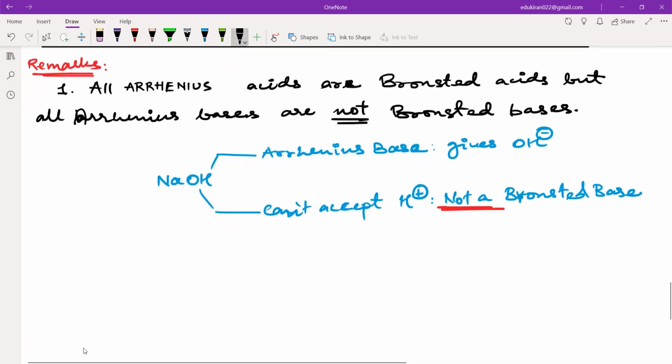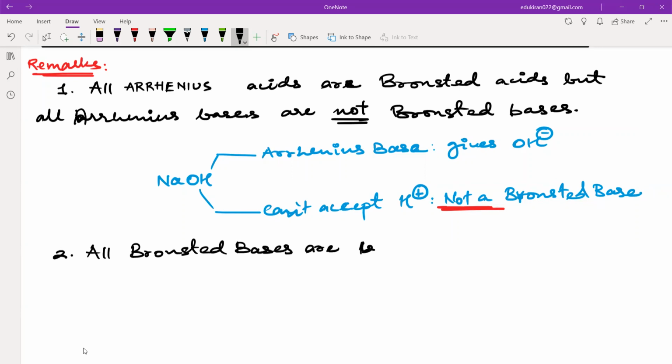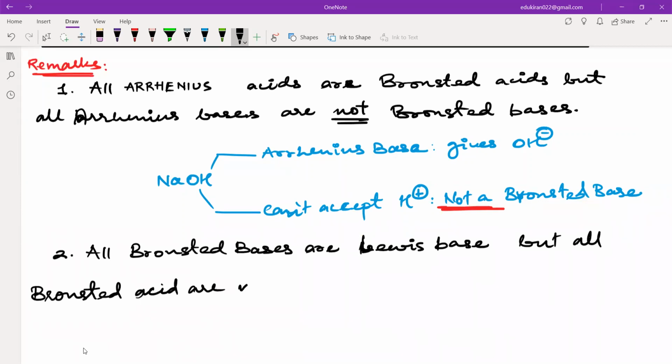Next, write the second point. All Bronsted bases are Lewis bases, but all Bronsted acids are not Lewis acids.